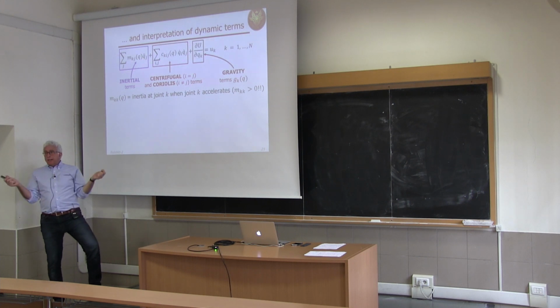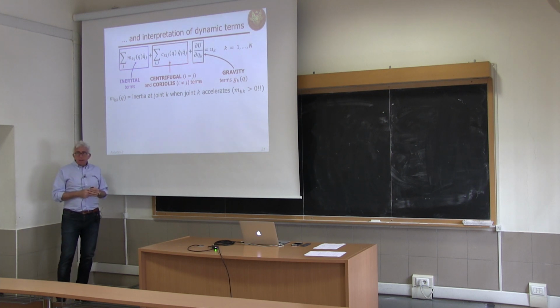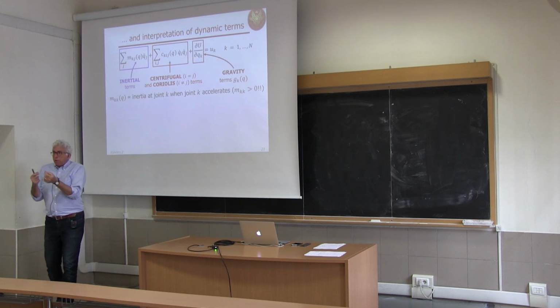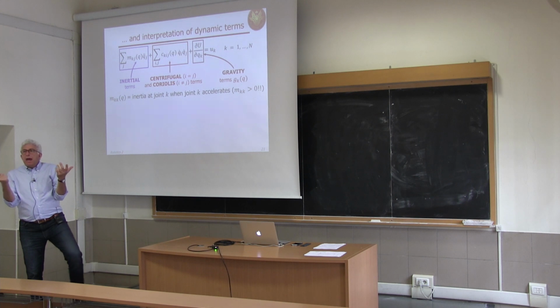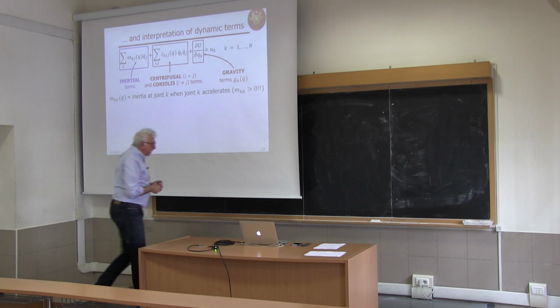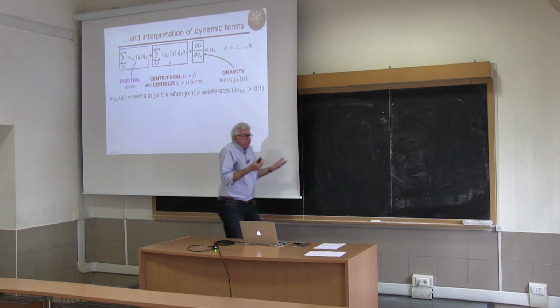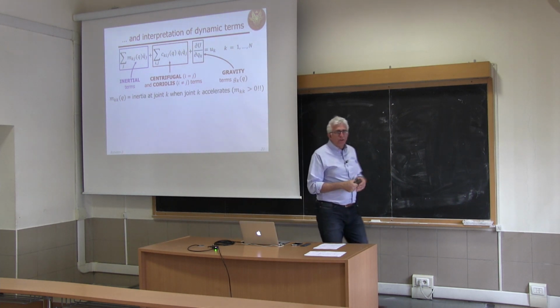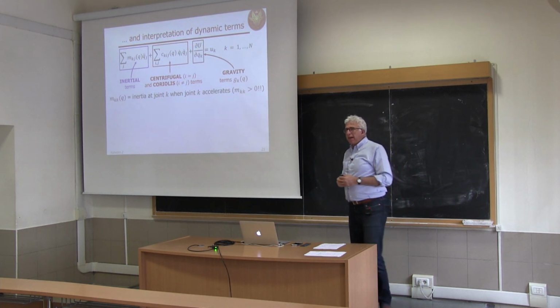Suppose that all accelerations are 0 except the kth one. So you have really an equation u_k equal m_kk times q double dot of q_k, which is the generalized form of F equals m times a.